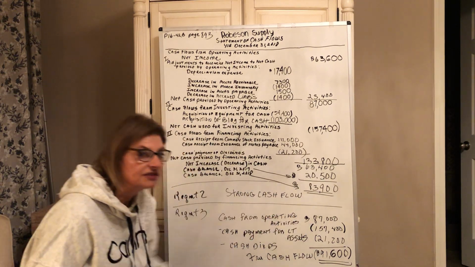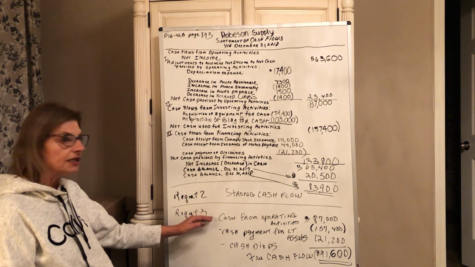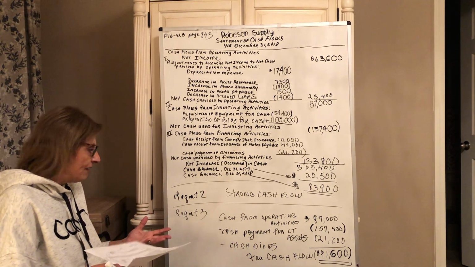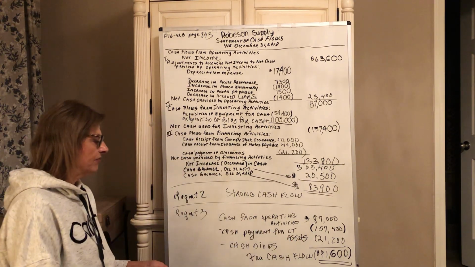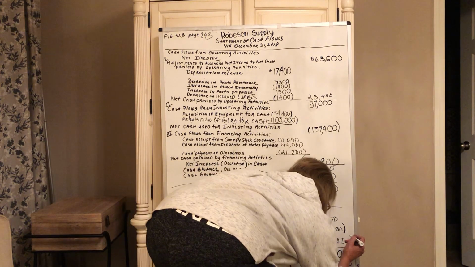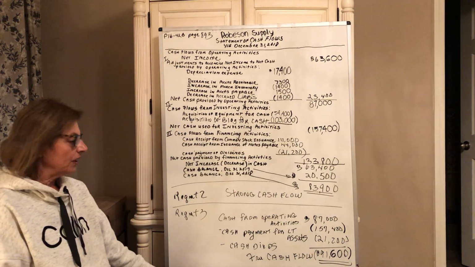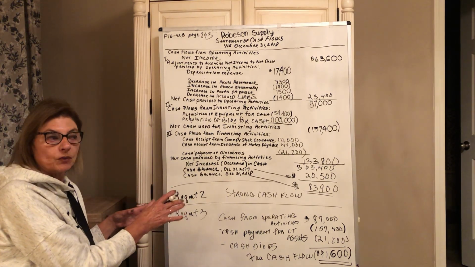You can see already that's a huge negative, because you can only use your cash from operating to see what's free cash flows, what do you have, and then minus the cash dividends of, I forgot my bracket again, 21,200. So they have a negative free cash flow if they based it on what they did this year, okay?